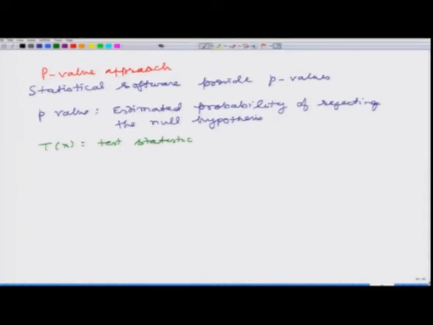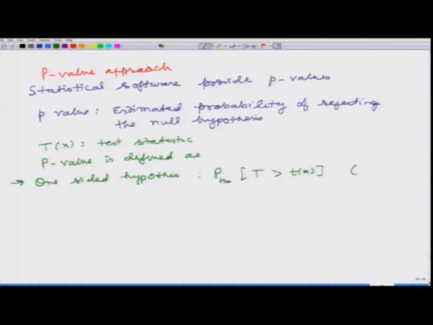So, in this case, the p-value is defined as, for a one-sided hypothesis, the probability under H naught that T is greater than some given value small tx. Right. This is for the right tail tests.